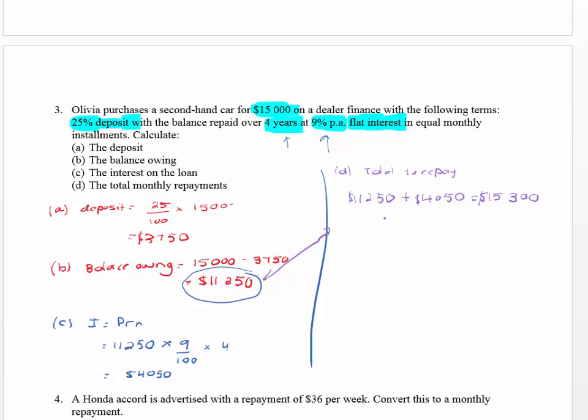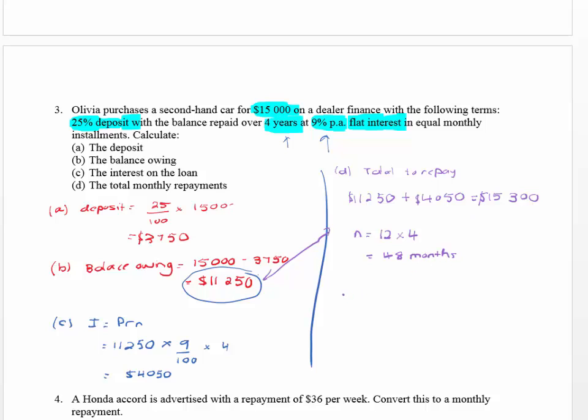Now, if you think about it, we have to pay some money back every month for 4 years. So every month for 4 years, there's 12 months in a year, and it's over 4 years. So 12 fours are 48 months I have to pay this back.